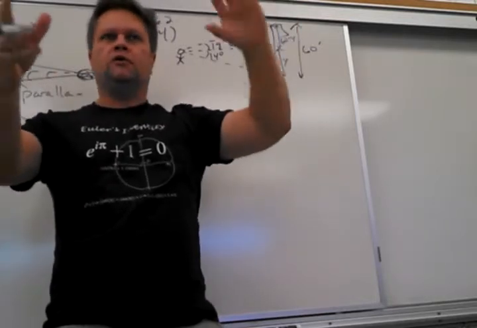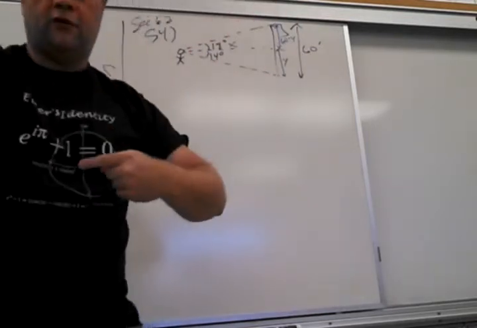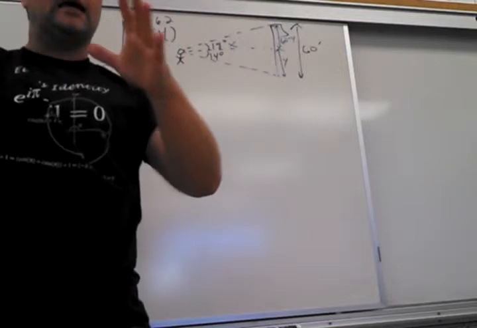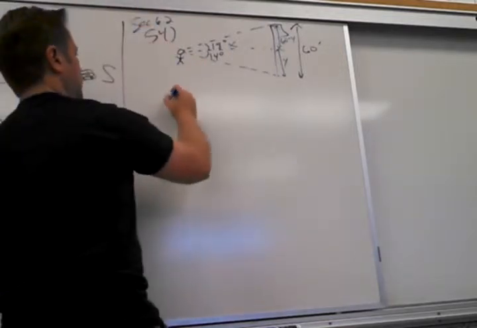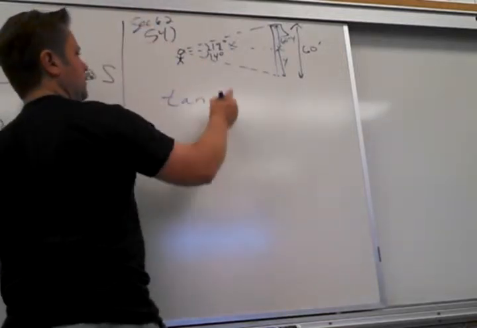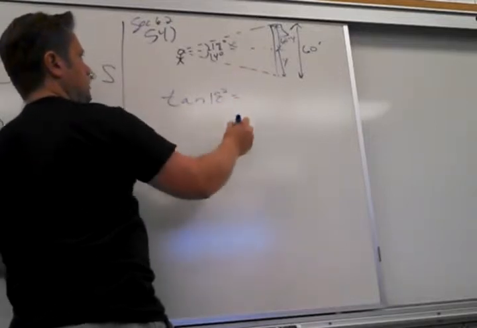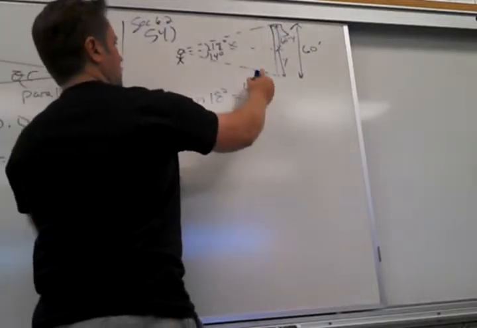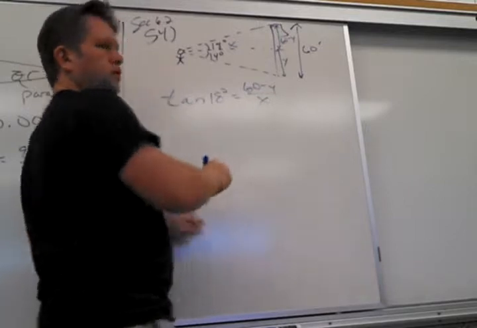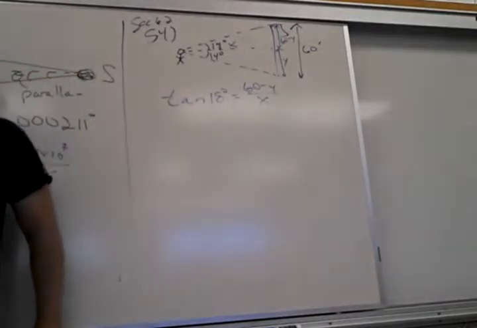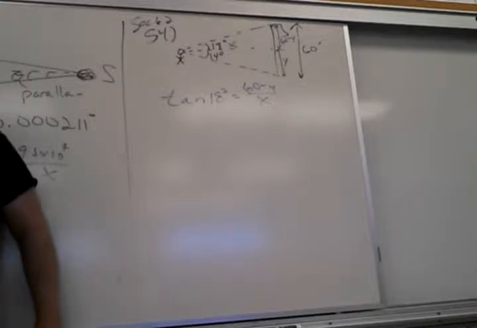We care about how far we are from something and how tall it is. So tangent of 18 must equal y over x. Now just write your other triangle, and then together you should be able to figure it out.